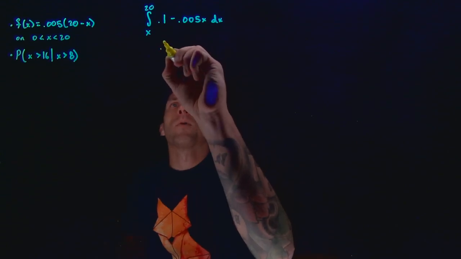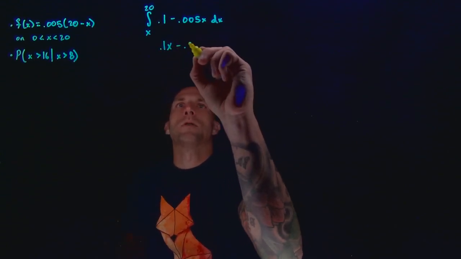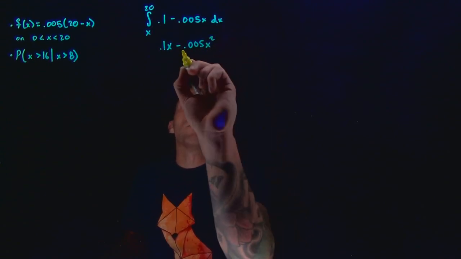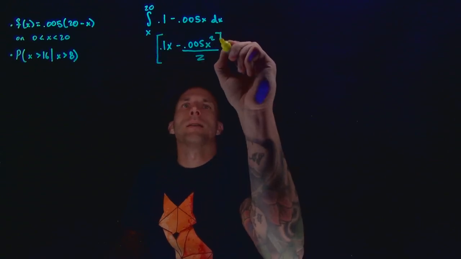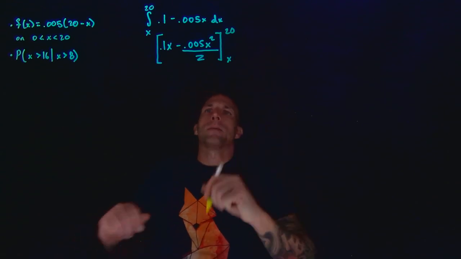And so from here we roll the integral up and get 0.1x minus 0.005x squared over 2, and we're going to evaluate from x to 20.